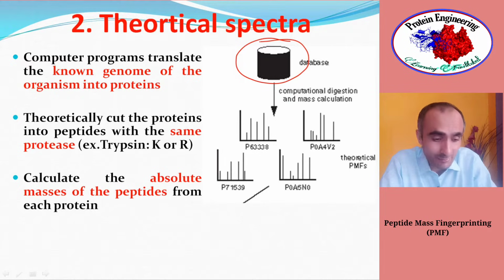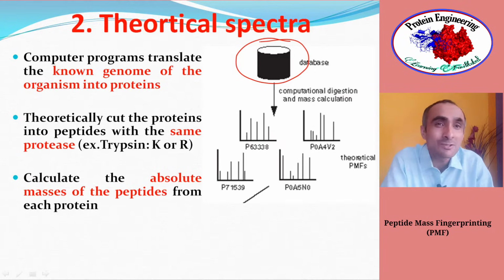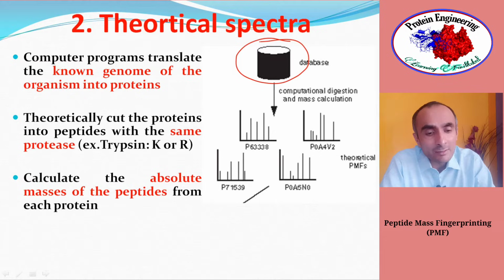There are algorithms available which convert each protein into peptides using the same enzyme which you have used in preparing the experimental spectra. For example, if you use trypsin to make experimental spectra, here also there are computational programs which will cleave each protein sequence present in the database with trypsin.